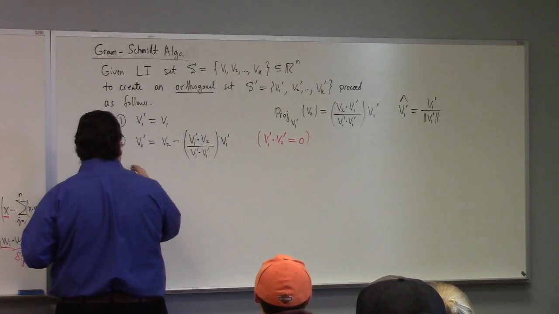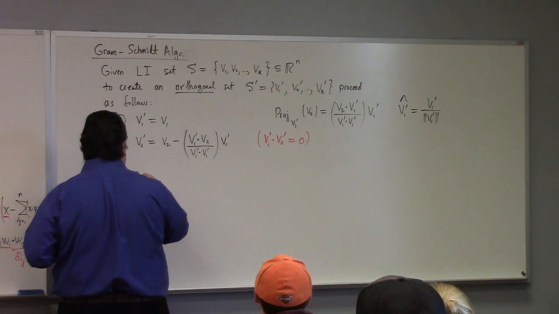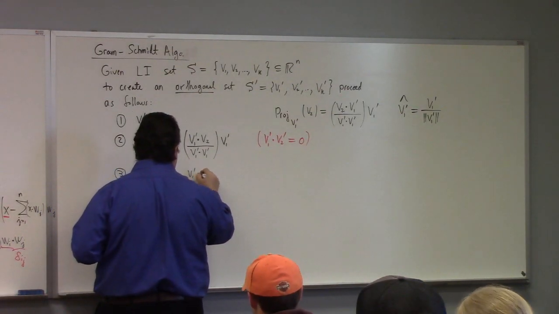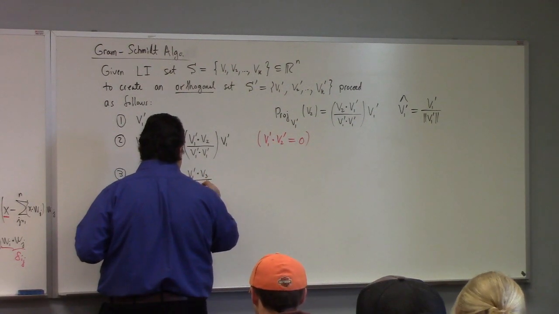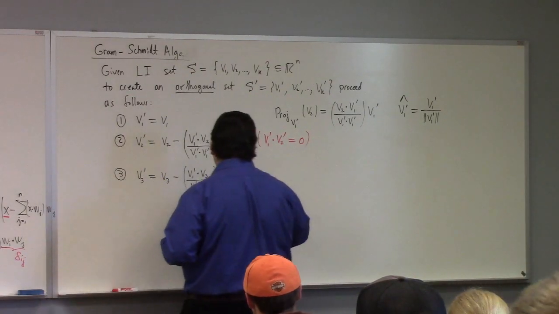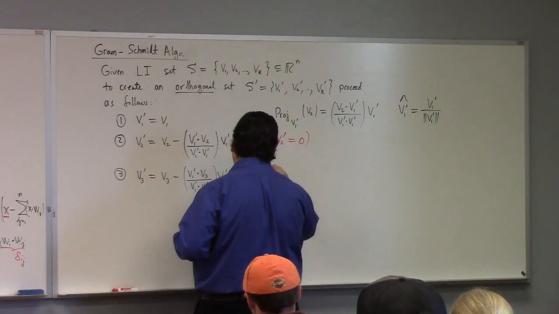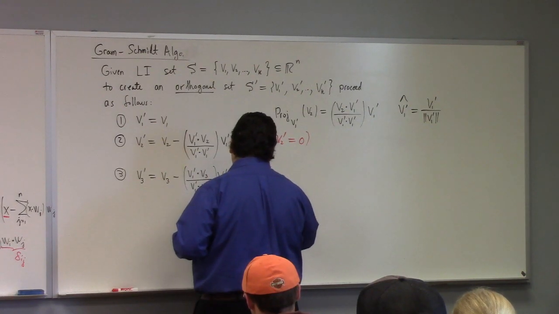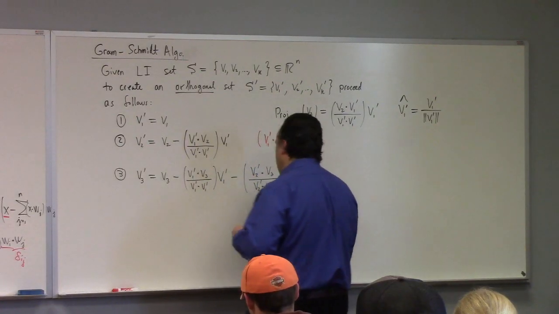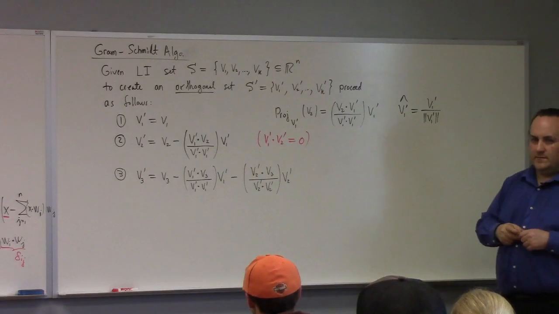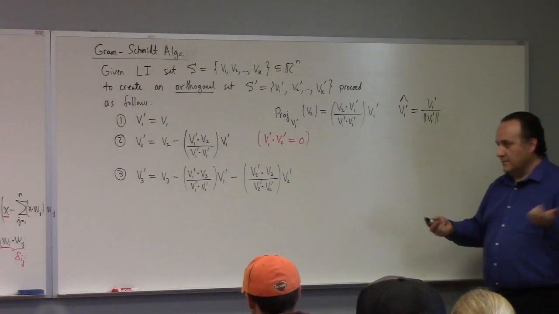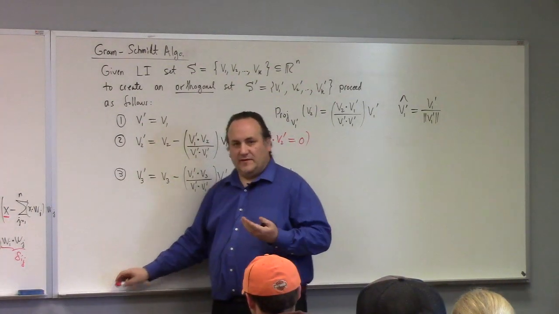How do I know that I'm not dividing by 0 there? It's a linearly independent set. Can we have 0 in a linearly independent set? The answer is no, right?